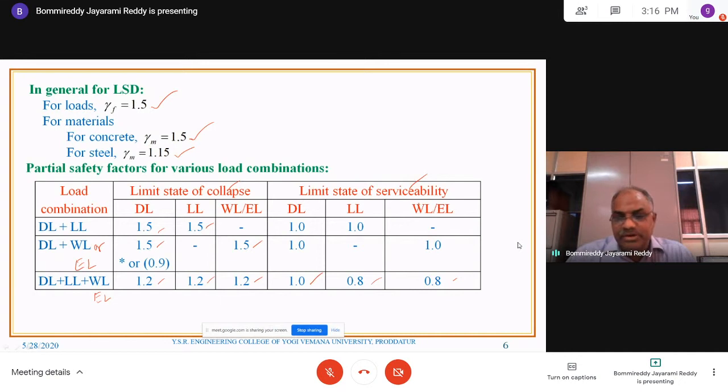In case of serviceability, service loads will be considered. Service loads means actual loads will be considered in the first 2 cases. When all the 3 loads act together, full service load for dead load, and 80% for live load and 80% for wind load will be considered for the computation of the ultimate loads.